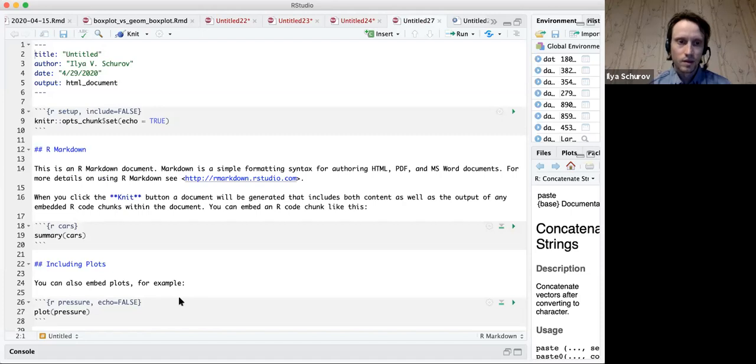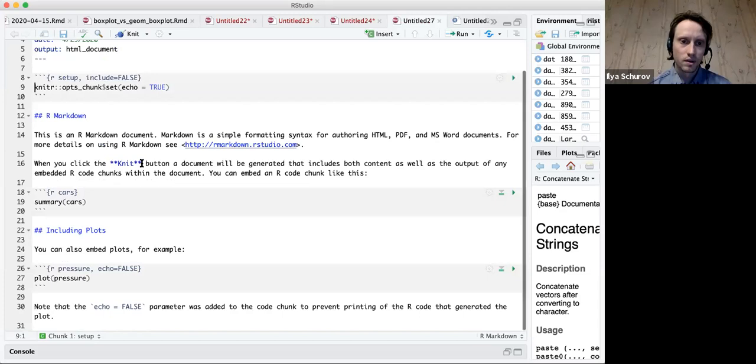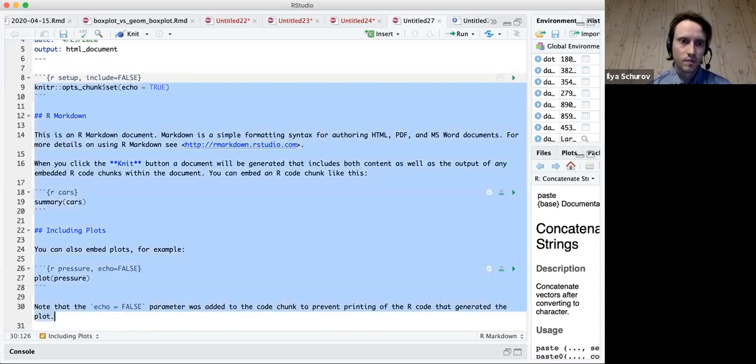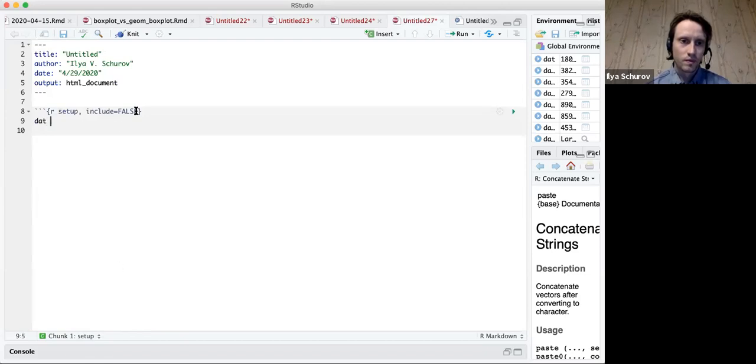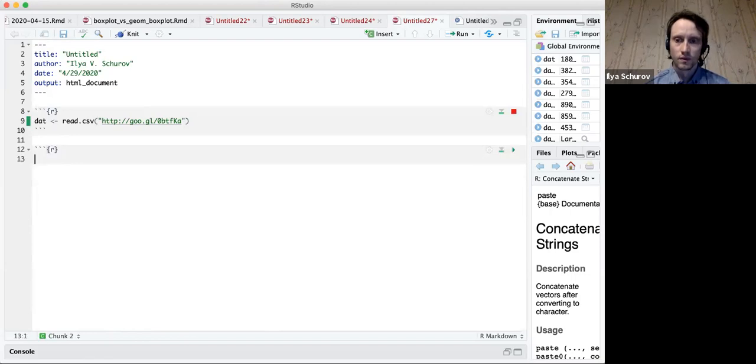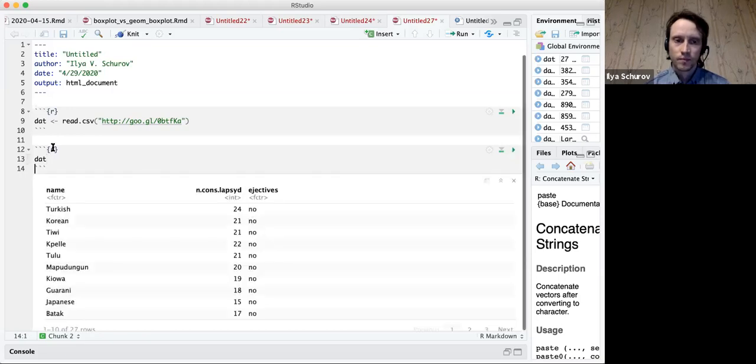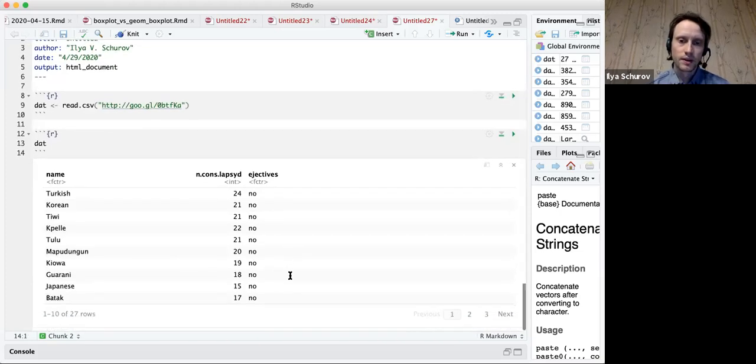I will use the same data set that we already used, that is related to adjectives and number of consonants. So do you remember this data set?